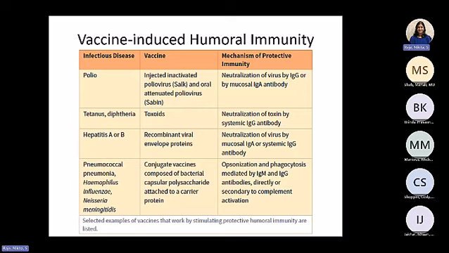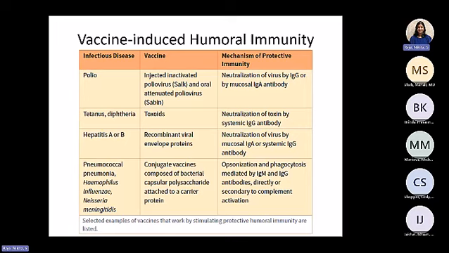So here are the various types of disorders and their vaccines. They are all different kinds of molecules, and that makes a difference for T cell response, because T cells only respond to protein antigens. In humoral immunity, these vaccines can be of different types, such as toxoids in the case of tetanus and diphtheria.